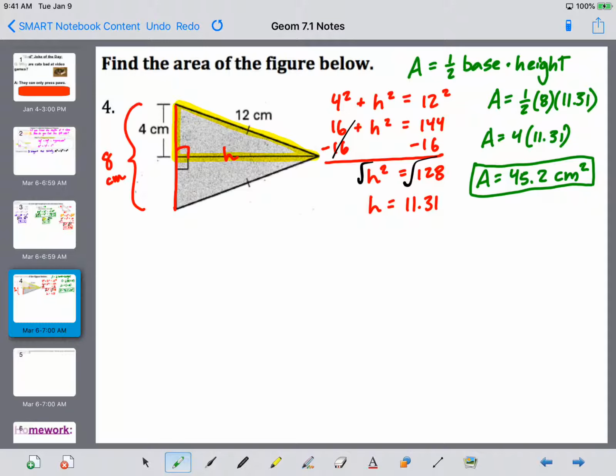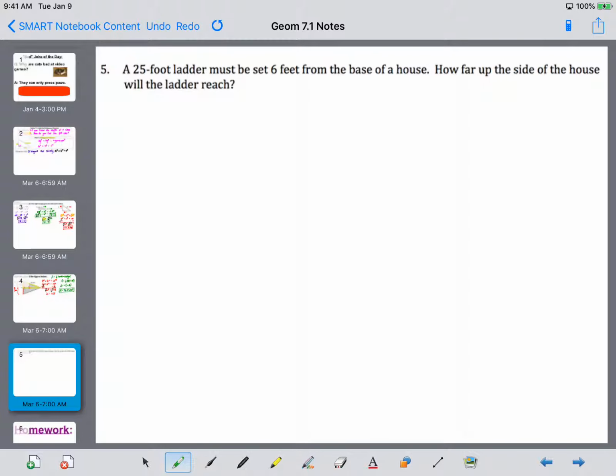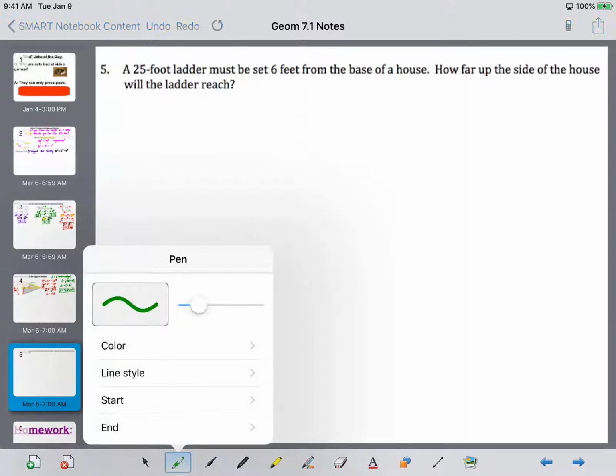All right, so in this last example, you're going to have to channel your inner artist because we are going to draw a picture here. So we have that a 25-foot ladder must be set 6 feet from the base of a house. How far up the side of the house will the ladder reach?